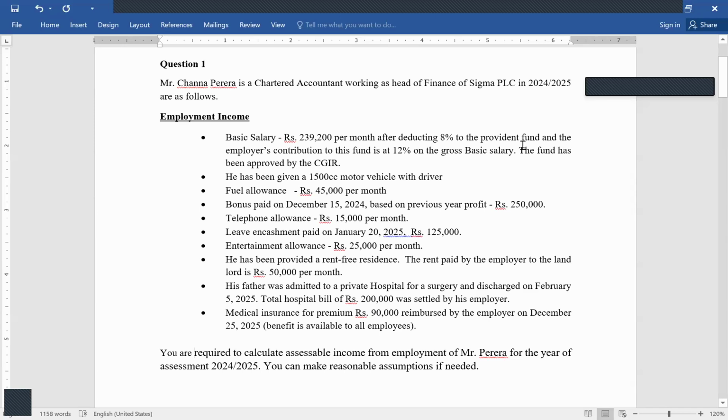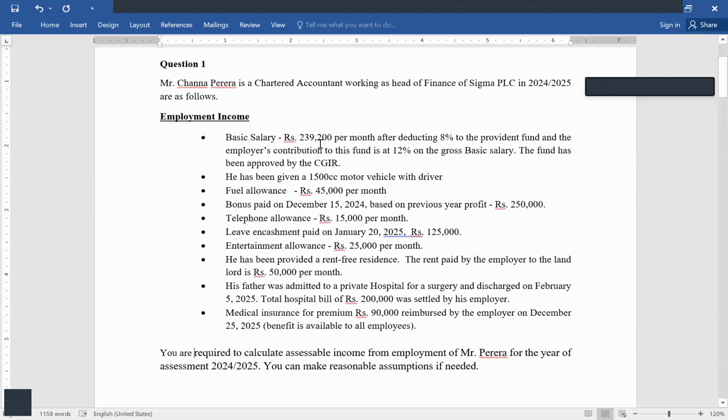When we receive our salary, normally they deduct some percentage to the provident fund. Here they have deducted 8%, and the employer's contribution is 12%. Now you should calculate the gross salary.